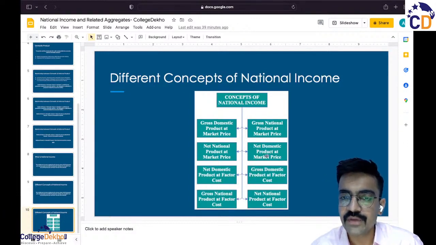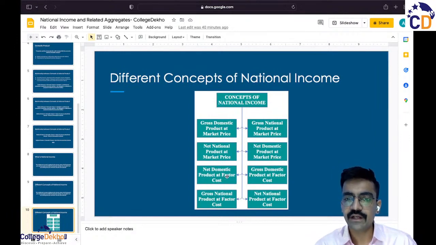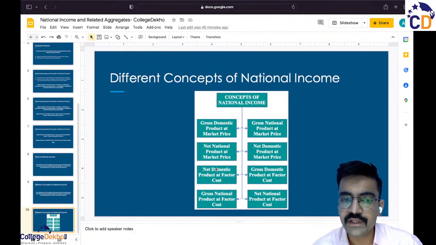We know that it comes in the terminology of market price and factor cost, right? So from the GDP at MP, we deducted depreciation, we got the NDP at MP, and from this value, we are deducting the net indirect taxes, and because of this, the market price will be changed to factor cost now, right? Because we have deducted the indirect taxes. So from this value, we now have the net domestic product at factor cost.